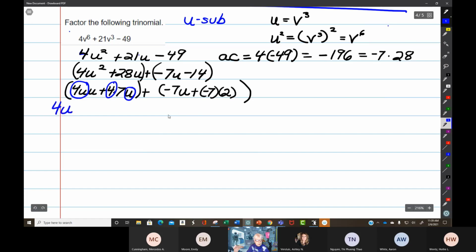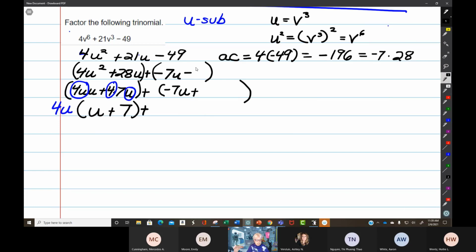For u times u plus 7 plus... It's minus 49.